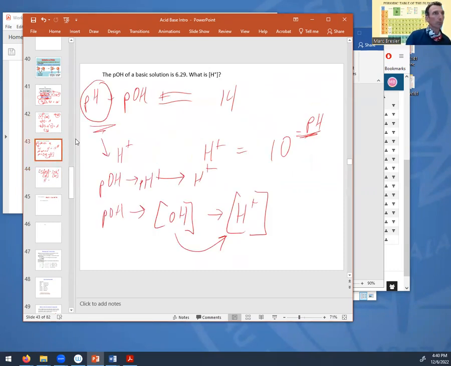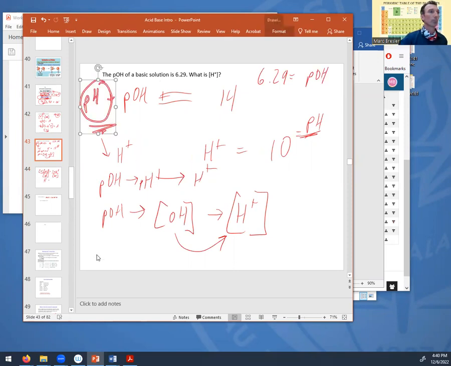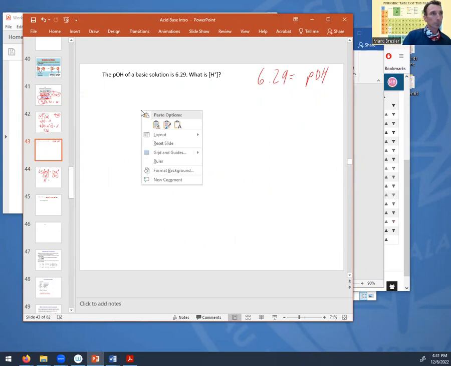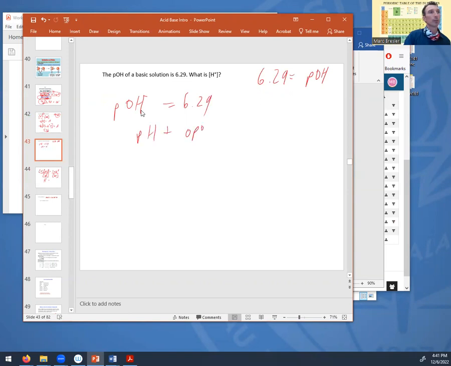Okay, so let's go back and look at this problem. The pOH of a basic solution is 6.29. So pOH equals 6.29. pH plus pOH equals 14.